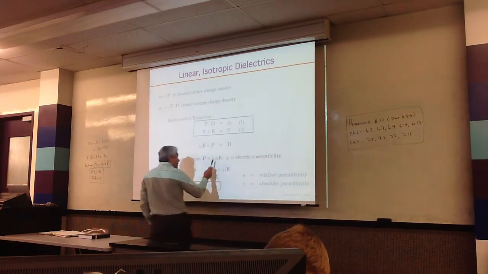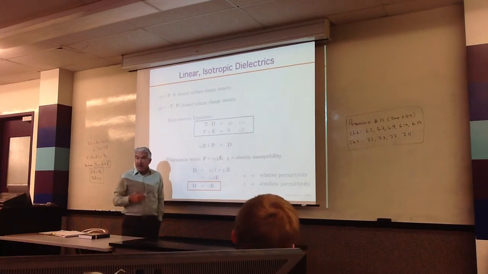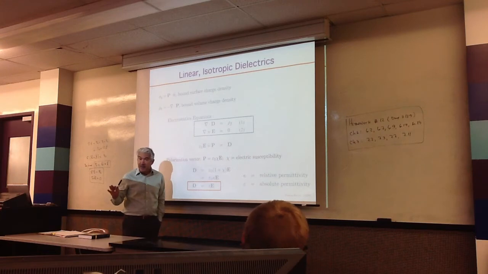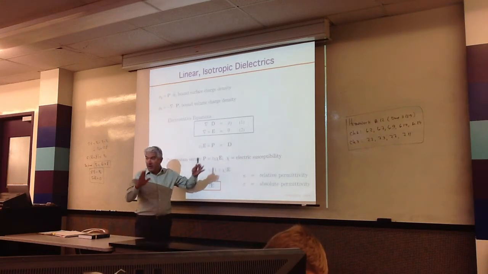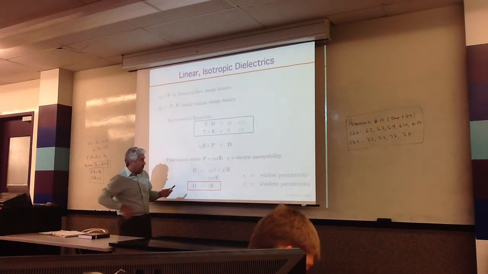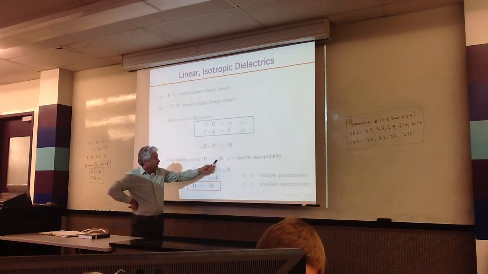If it's independent of position, then it is linear and homogeneous. We're always going to treat cases that are linear, because we don't want E squared in here. Those get into what we call nonlinear optics, or nonlinear response. But as long as it's linear, this chi could depend on position.